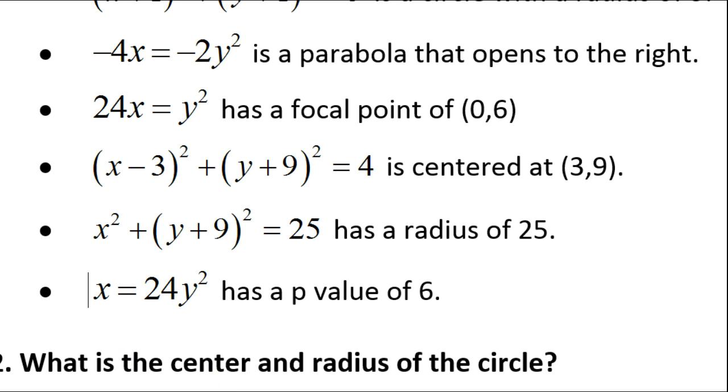Here's what I mean. So they gave us x equals 24y squared. But when we write our models, here's what we usually do. We usually have, first of all, the squared thing on the left. So we usually will have y squared is equal to 4p times x.